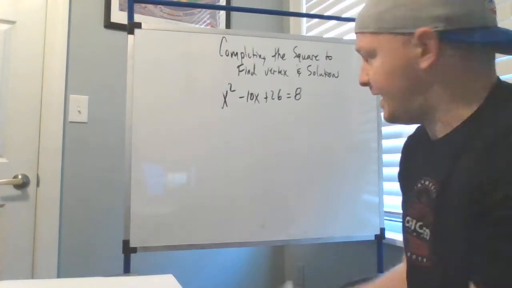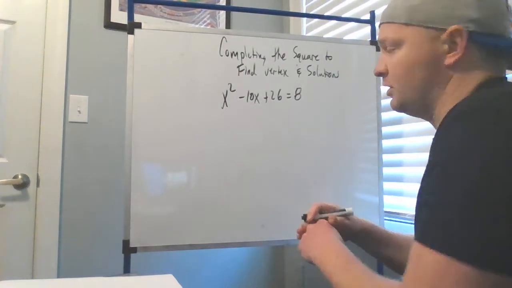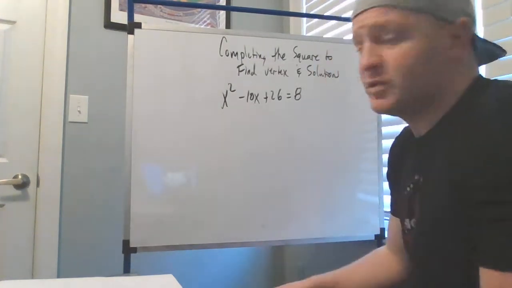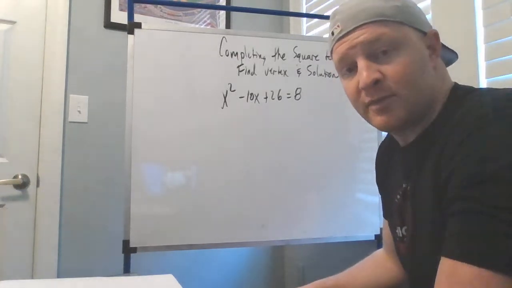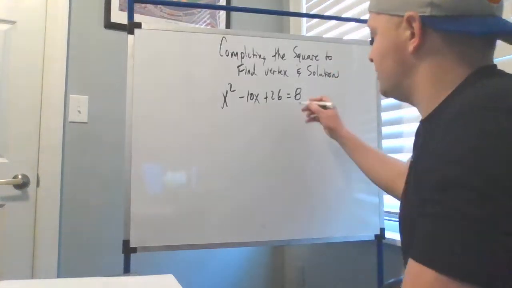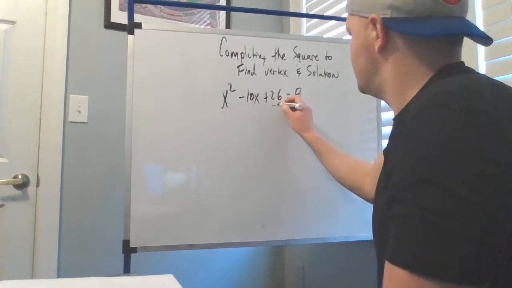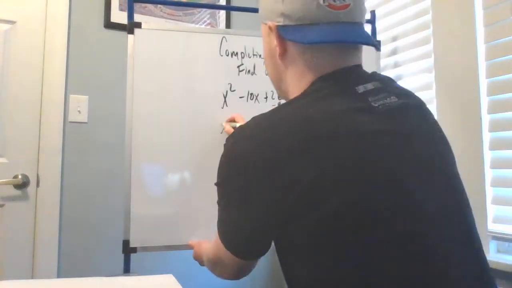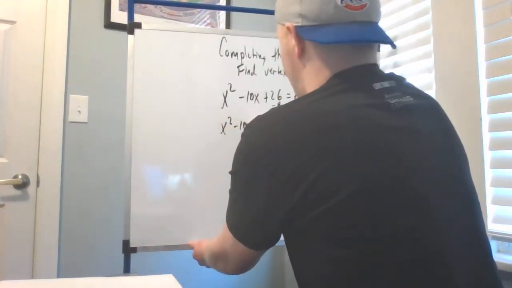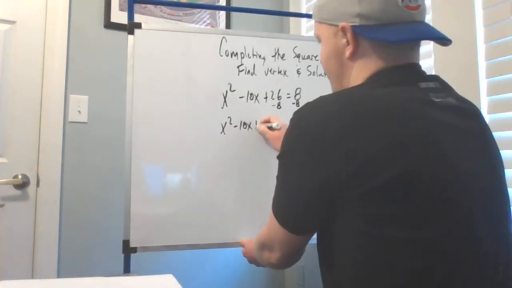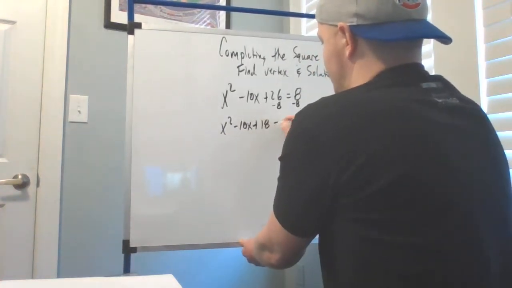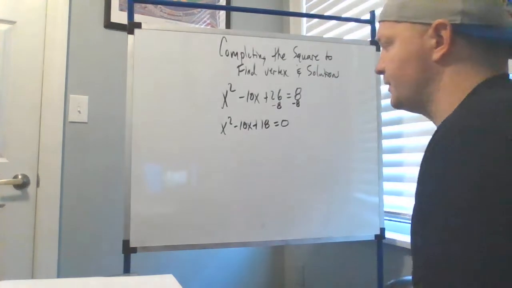Now, I can't start doing this one because in order to solve anything with completing the square, I need my answer to be equal to 0. So all I gotta do is subtract 8 first from both sides. So now this says x squared minus 10x plus 18 equals 0.